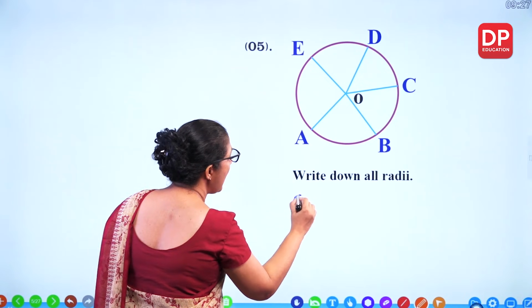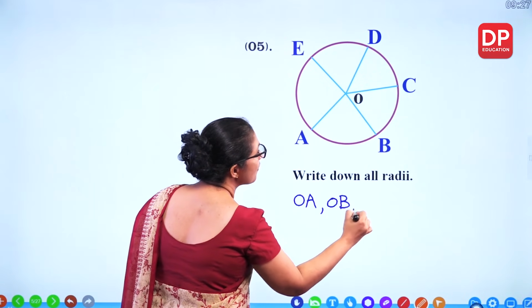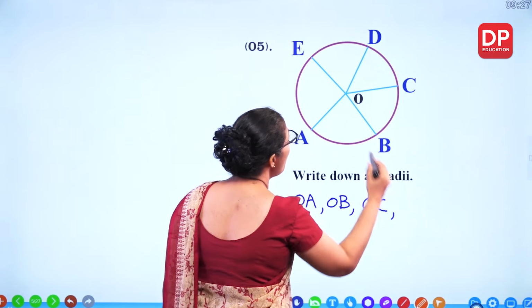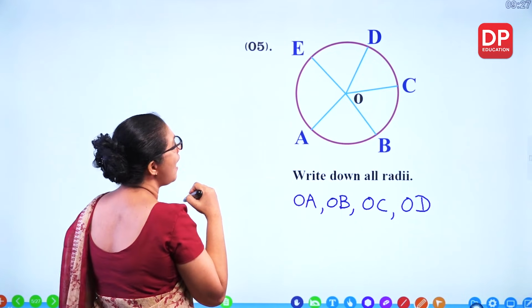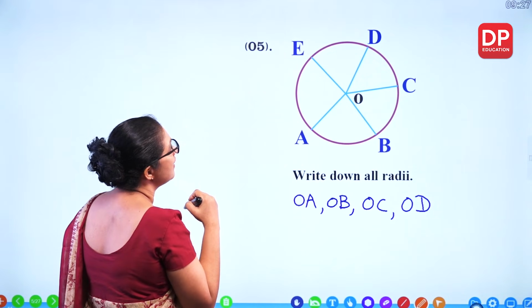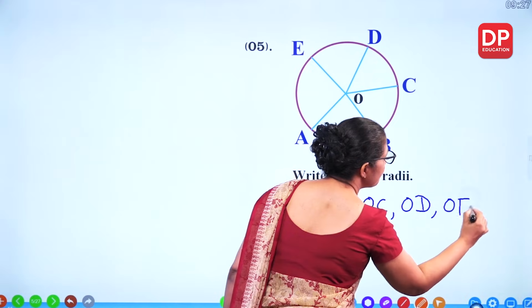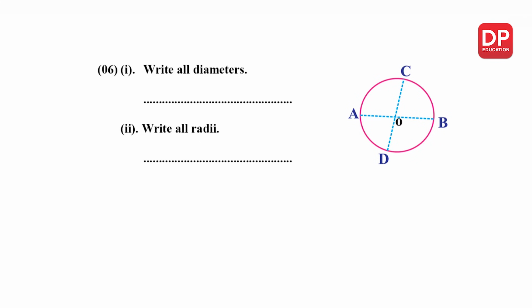So OA, OB, OC, OD. All are radii. And here OE also. Write all diameters.